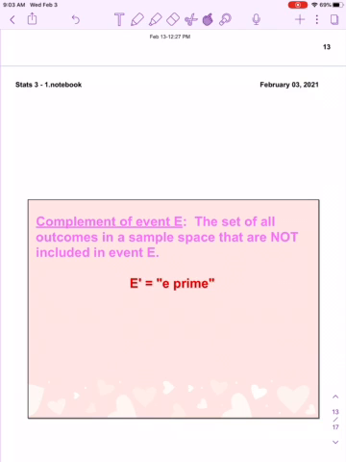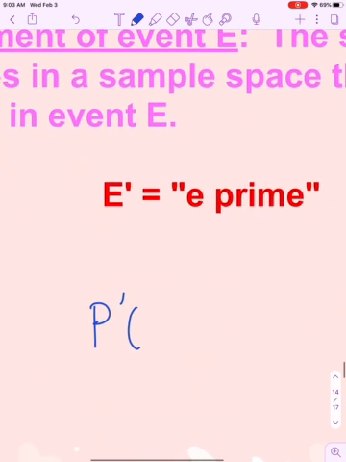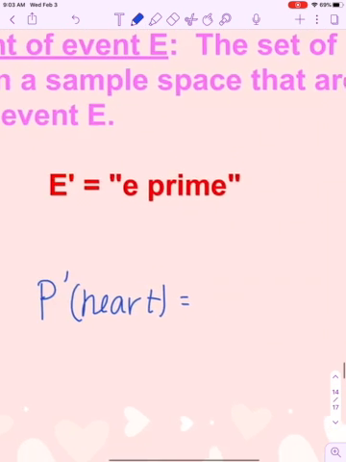A complement is the opposite. It's the probability of something not happening. Okay, and we write it with that little tick mark, E prime. So if I say P prime of picking a heart, that's the probability of not picking a heart. Well, hearts are 1/4 of your deck, so the probability of not picking a heart is 3/4 of your deck.